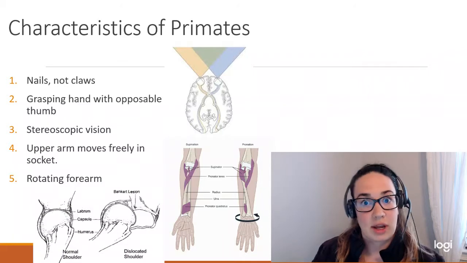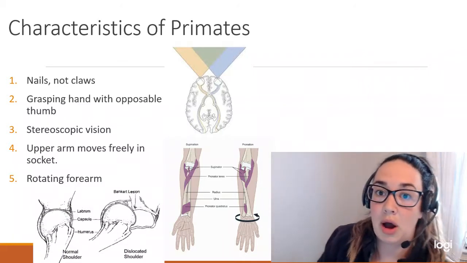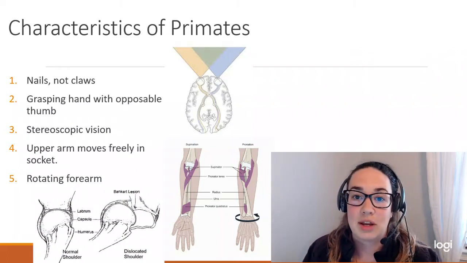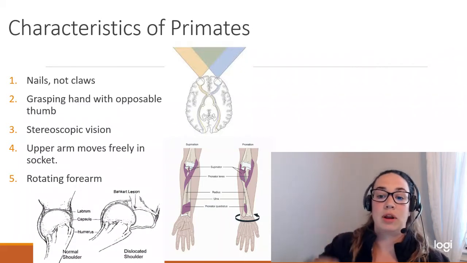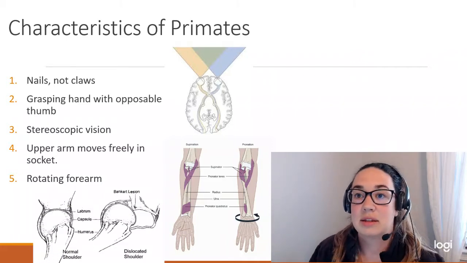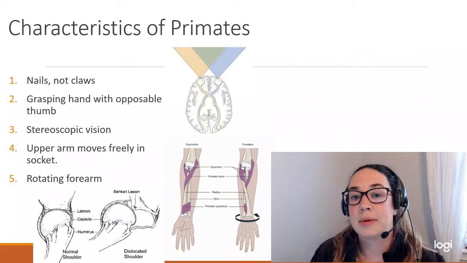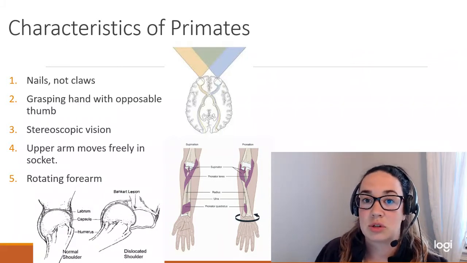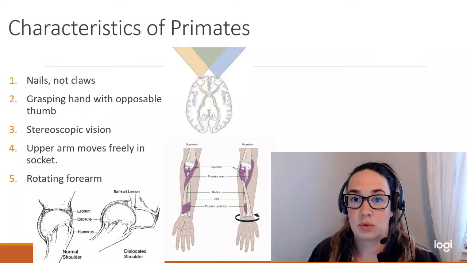For example, if you look at dogs, right, they can't do this motion with their front paw because they don't have the same kind of socket formation for their leg to go into. They can only move in a backward and forward motion. They do have some sideways motion, but it's not to the length that we have. And so this is likely because primates were up in the trees at one point and they used their arm for swinging through the branches or climbing. And so we needed that range of motion in order to be able to survive.